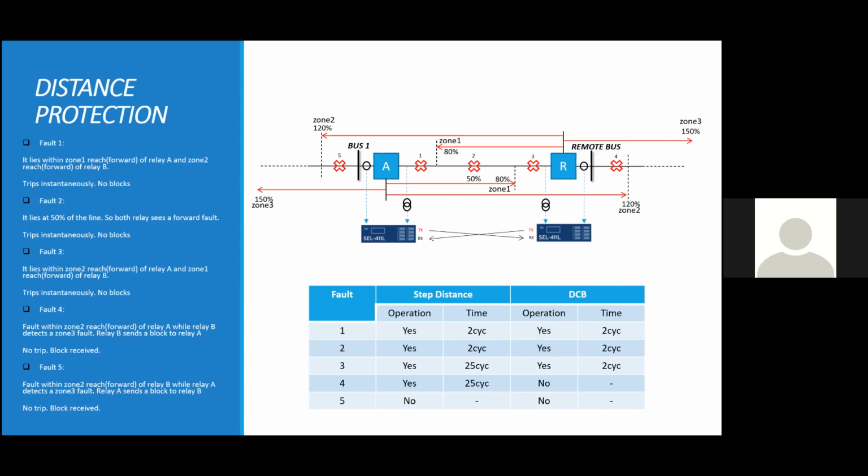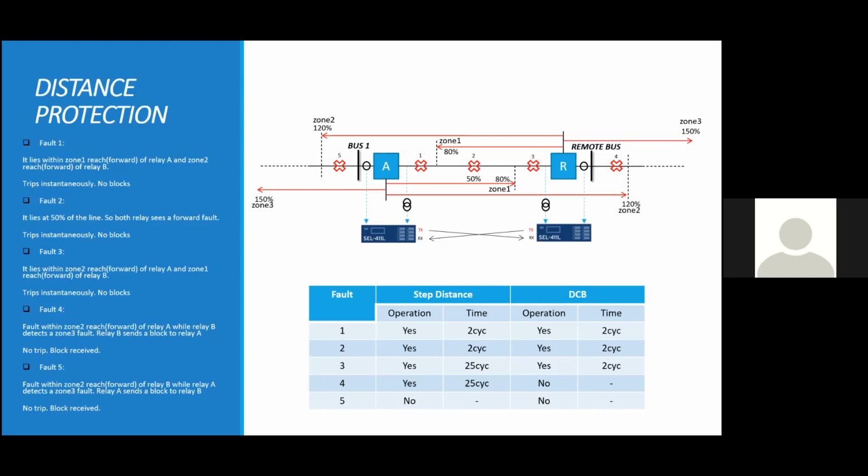They trip instantaneously as no blocks are issued. And if you compare the fault 3 operation in step distance and in DCB, it's much faster from the perspective of our relay A.